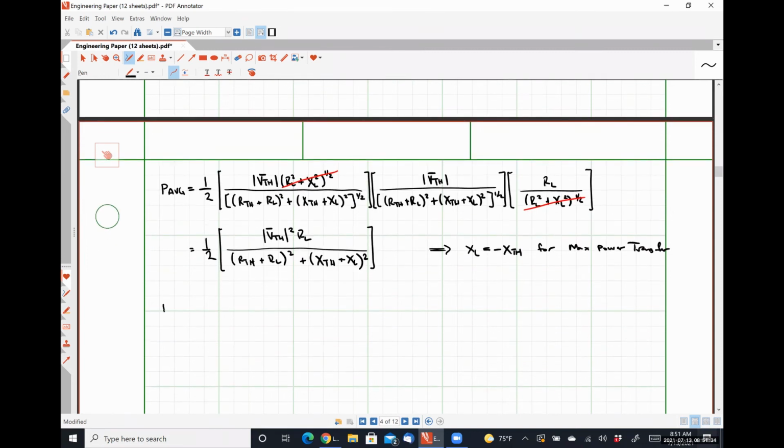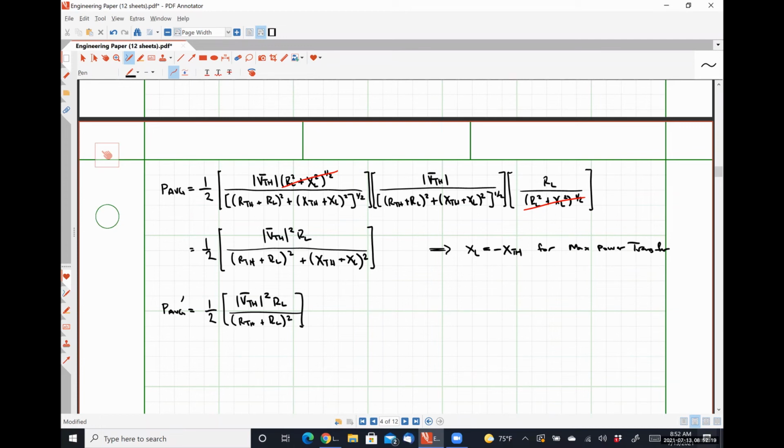So under that condition where we are letting XL equal to negative XTH so that our reactance term goes to zero, what we're left with, I'm going to call this P average prime for the sake of argument, is going to be 1/2 times the magnitude of our Thevenin voltage squared times RL divided by RTH plus RL quantity squared.